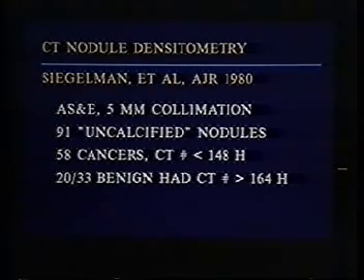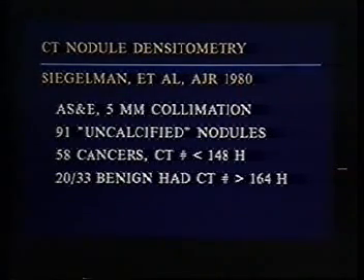Now, the use of CT to diagnose nodule calcification had its start back in 1980 in an article I suspect most of you are familiar with, published by Siegelman, in which Stan looked at a number of nodules, 91 nodules that were considered to be uncalcified on the basis of plain film studies, and using his scanner, which was an old AS&E model with 5mm collimation, he was able to find 20 patients, 20 out of 33 patients in this series with benign lesions, who had CT numbers that he considered to be diagnostic of calcification.